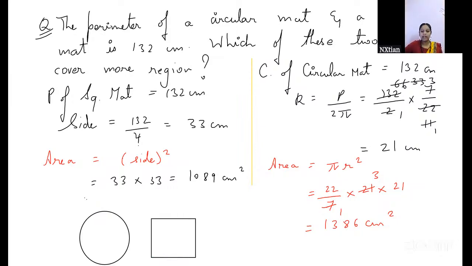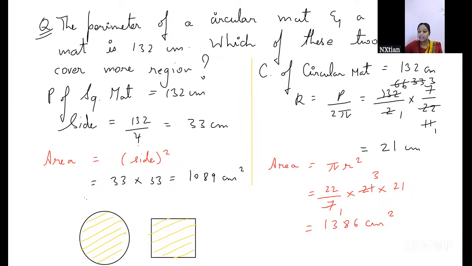They have given us the perimeters, meaning the measure of the boundaries. We have to find out which one of the mats will cover more space, more region. In the question you can see that area is being asked. More region means this part we have to calculate. We are given the boundary, but its region we have to calculate, meaning the area.